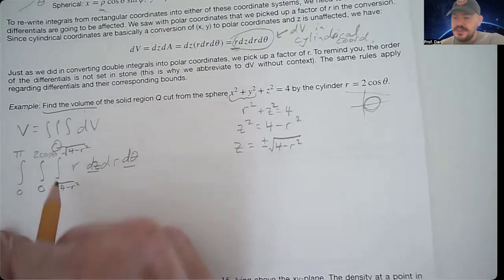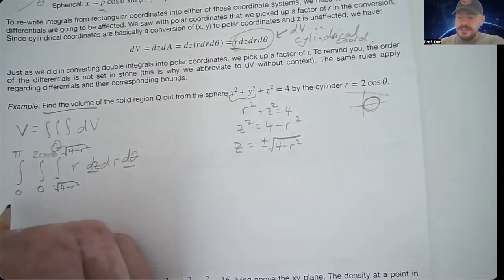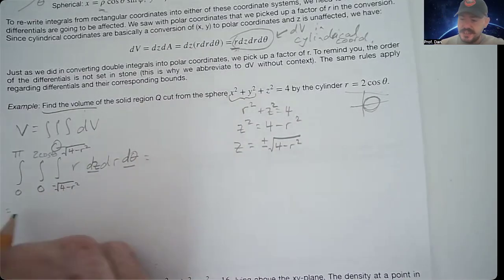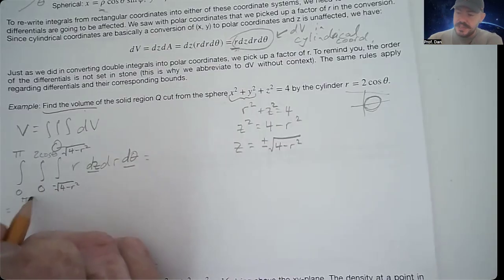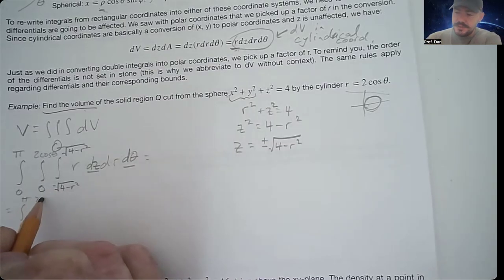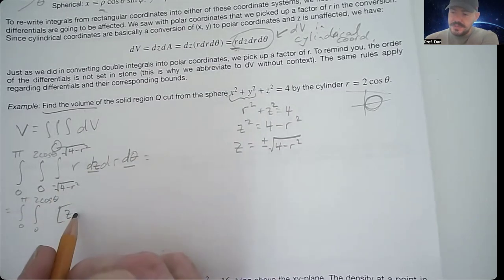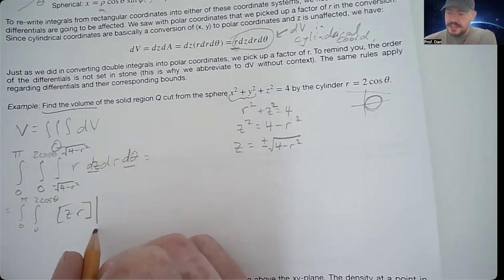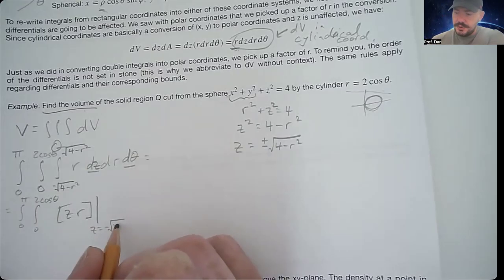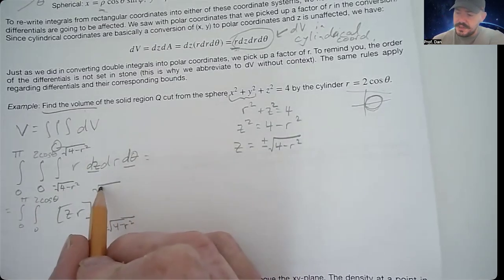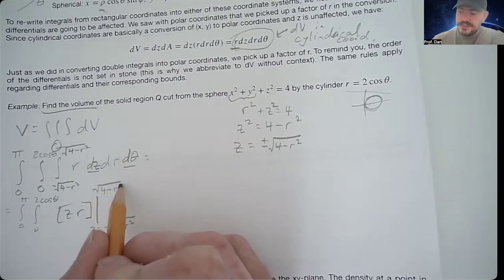All right, so now if I go through and evaluate this integral, remember you start from the inside. So we have the integral from 0 to pi, integral from 0 to 2 cosine theta. I know the antiderivative for this is going to be zr. And we're going to evaluate from z equals negative square root of 4 minus r squared to positive square root of 4 minus r squared.